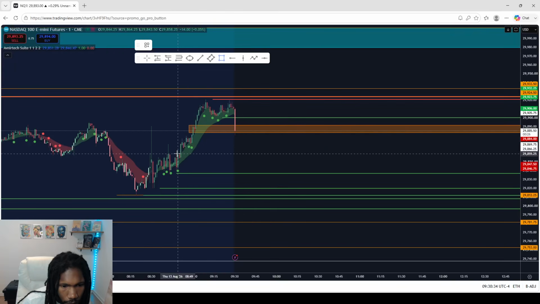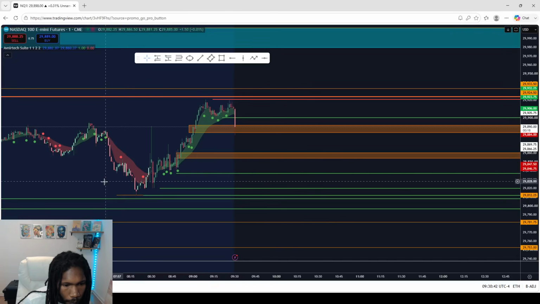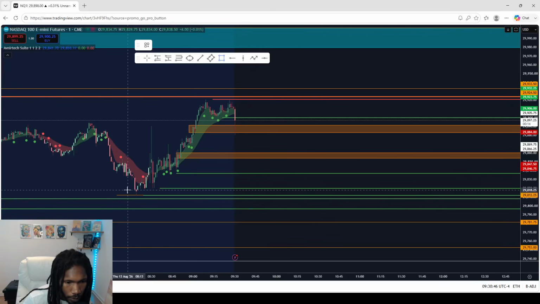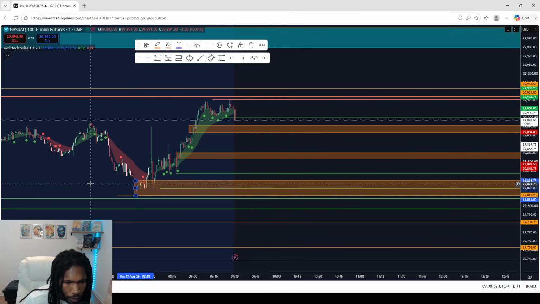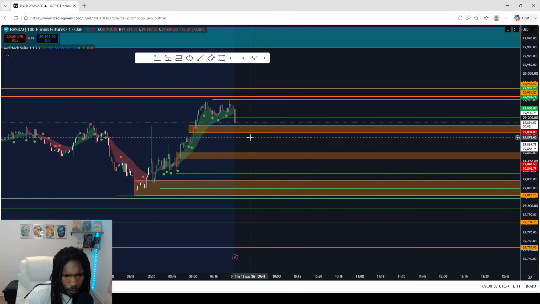Let's see, we have this down here, and we have this all the way down here. We have these order blocks all the way down here. Let's create this zone down here. All right, those are some zones that I'm actually looking for.